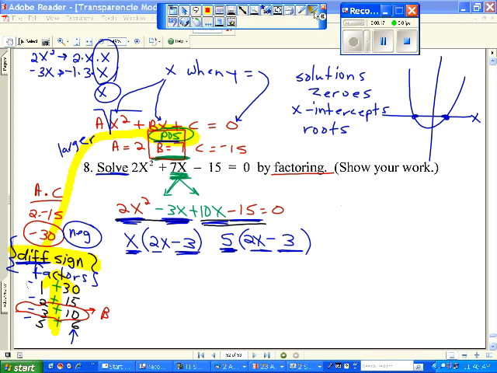If at this point you do not get a common binomial, then it will not factor. That or you messed up, one or the other. That was step 5. Step 6 says, write it as two binomials.